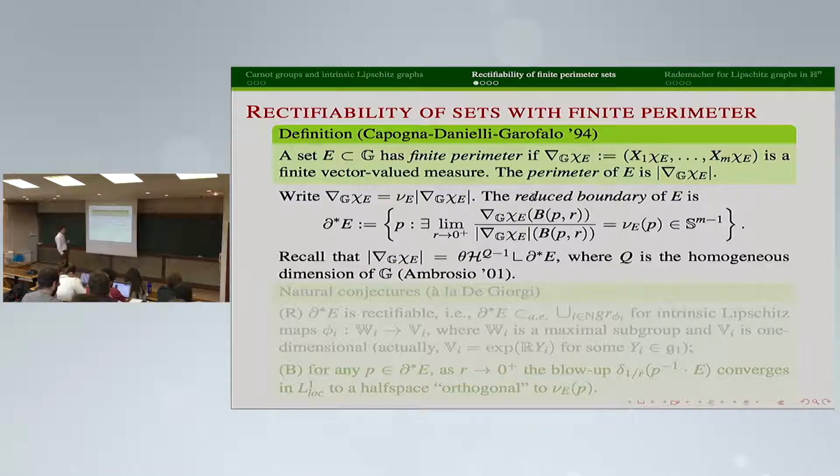The Hausdorff measure is a one codimensional measure. So Q is the homogeneous dimension of G, and the Hausdorff dimension is the one associated with dimension Q minus 1.